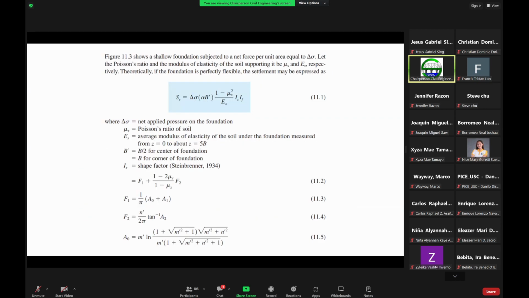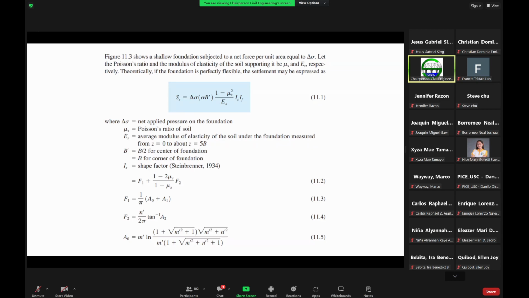Let's go back to this figure in a while, figure 11.3 in your book as well. If you have your book, you can just go to this figure also, if the screen is not clear.